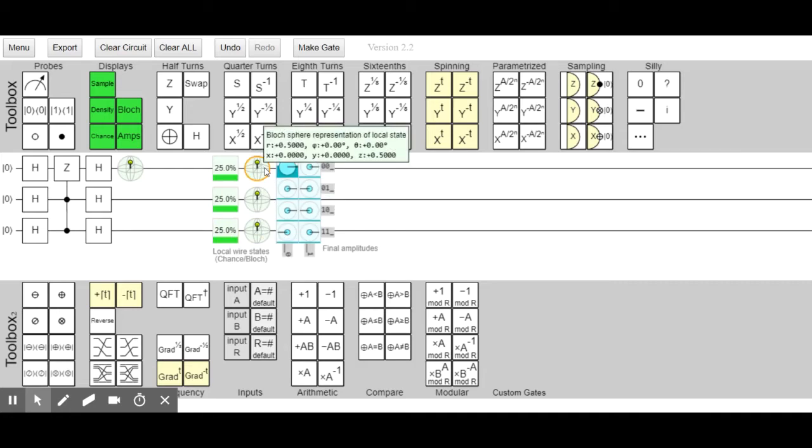Where is the... yeah, that changes the amplitude, of course, that's why. Yeah. But it's because of that.